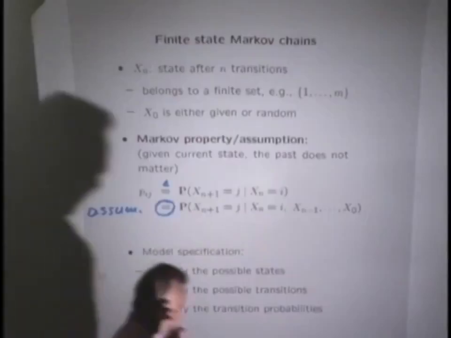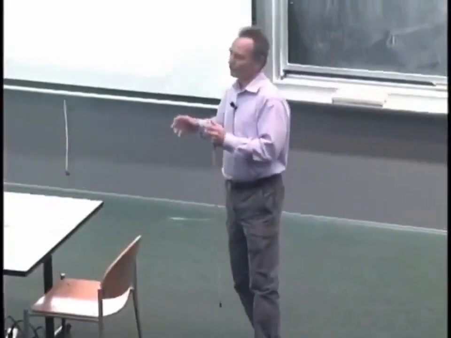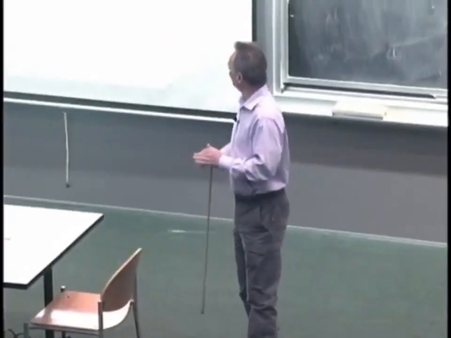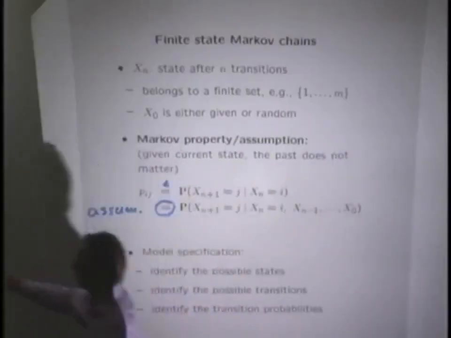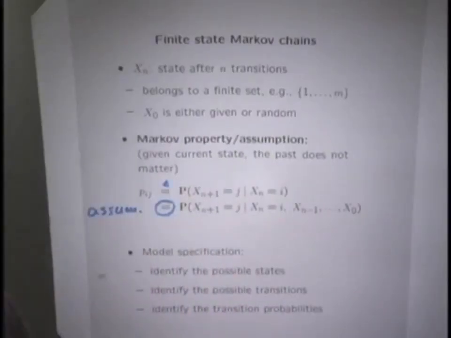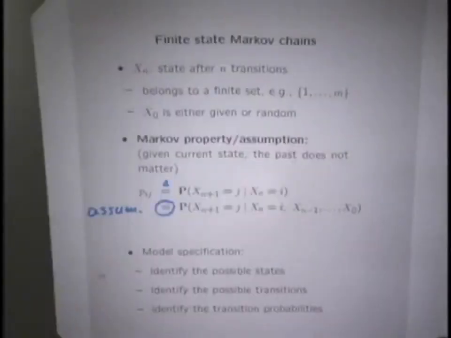So if I tell you right now you are at state i, and by the way you got there by following a particular path, you can ignore the extra information of the particular path that you followed. You only take into account where you are right now. So every time you find yourself at that state, no matter how you got there, you will find yourself next time at state 1 with probability P31. So the past has no bearing on the future as long as you know where you are sitting right now.